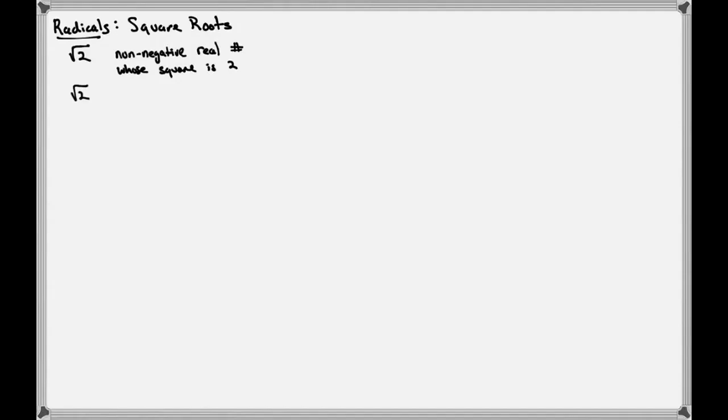So what do I mean by that? Well, if I take the square root of 2, it's greater than or equal to 0. That means it's non-negative. And if I was to take the square root of 2 and square it, I'll get 2 back. You can go to a calculator and get an estimate of the square root of 2. Doing that, the square root of 2 is about 1.414.